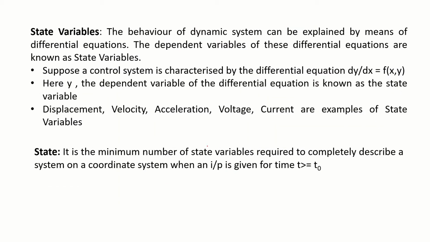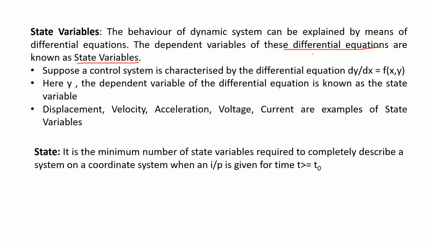What do you mean by state variables? The behavior of dynamic systems can be explained by means of differential equations, and that's what we have done so far. The dependent variables of these differential equations are known as state variables.